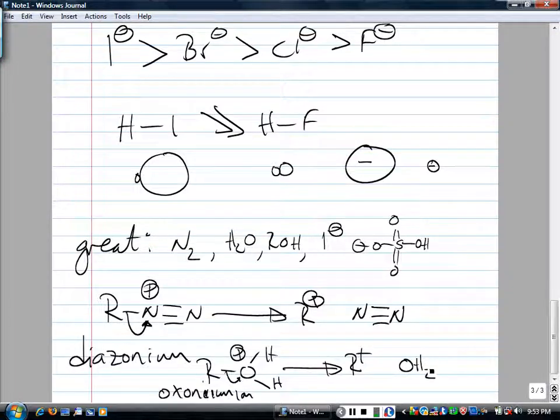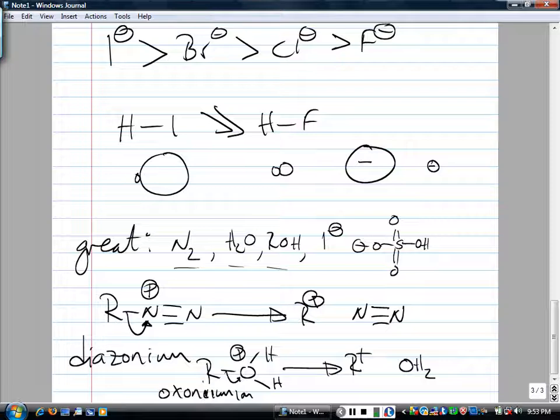And again, that's a fantastic leaving group because water is neutral. It's not negatively charged. Not only is it neutral, but the O from which it was formed is sp3 hybridized, which is neither here nor there, but it's positively charged and is one of the world's most electronegative elements. So nitrogen, water, alcohols, and iodide is a great leaving group because it's just very, very big.